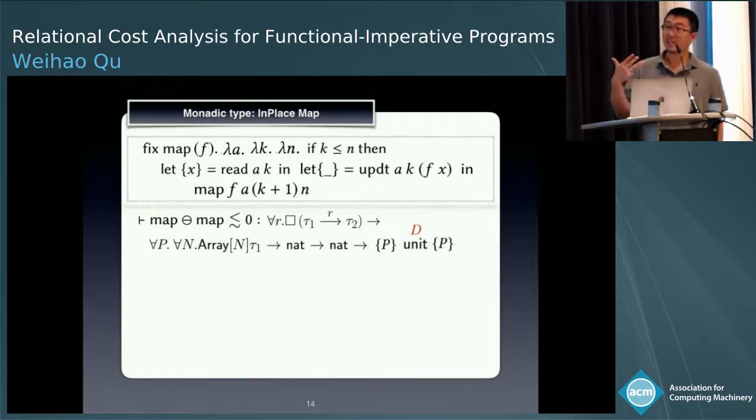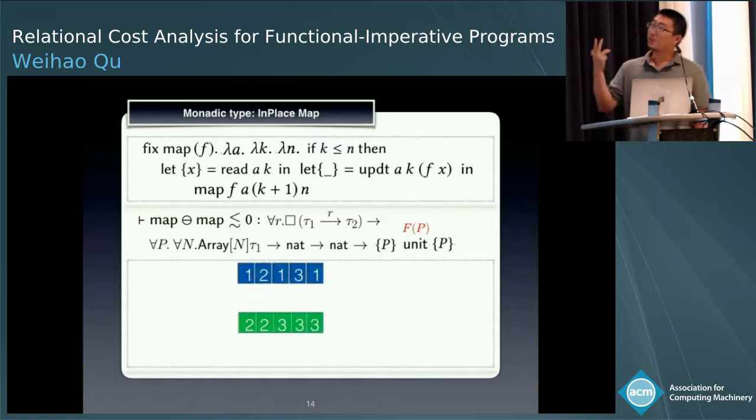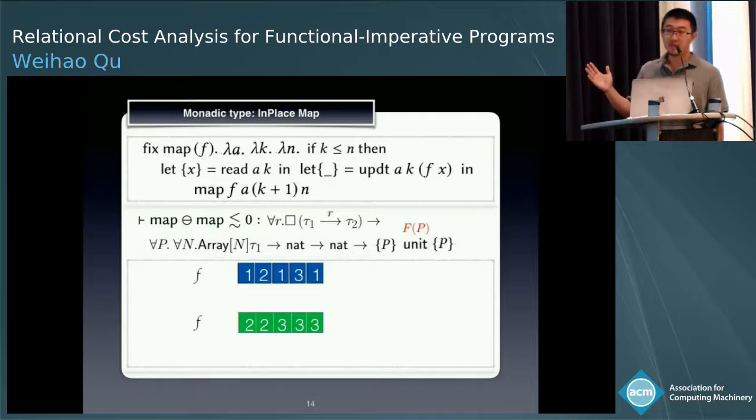Another interesting point is the relative cost upper bound D. It will now become a function over this precondition P, which can be understood in the following way. Suppose these are the two input arrays. Now we know that we have the same mapping function f on the two runs.